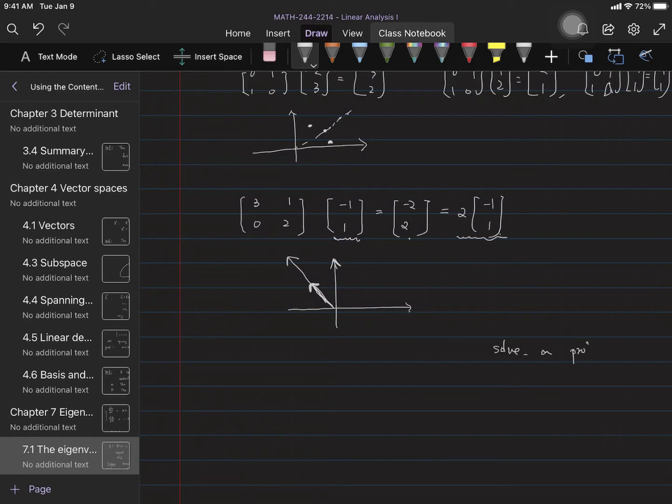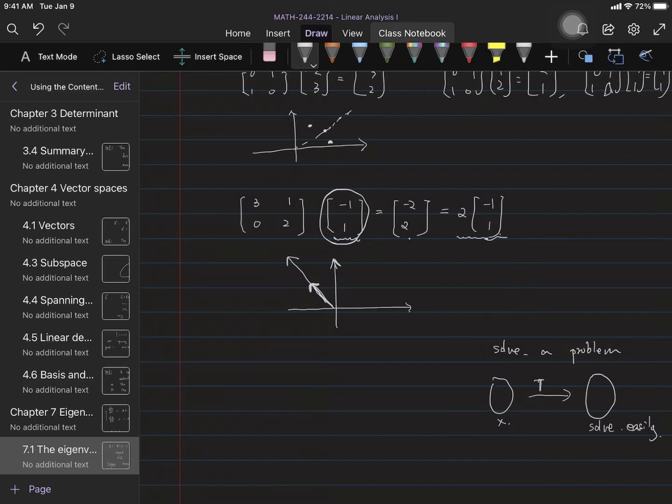It's special. When we solve a problem, sometimes we cannot solve from here, so we transform into another space where we can solve it easily. But under this transform, the eigenvector, which means special vector, doesn't change. It's like a basic property.